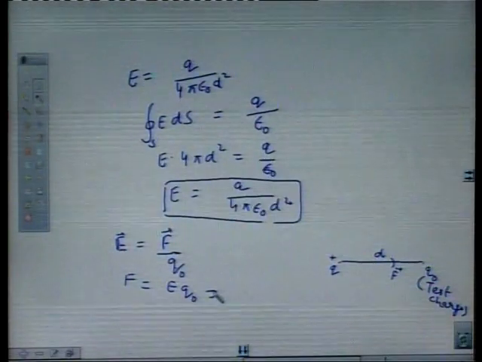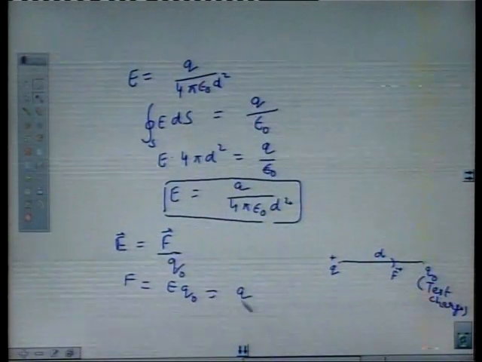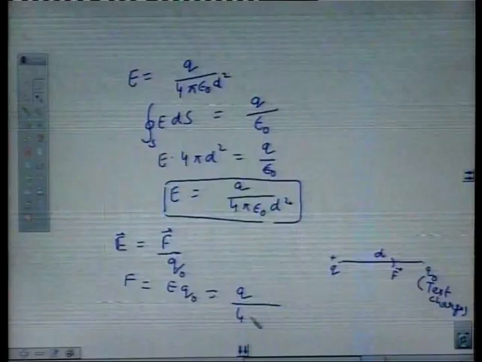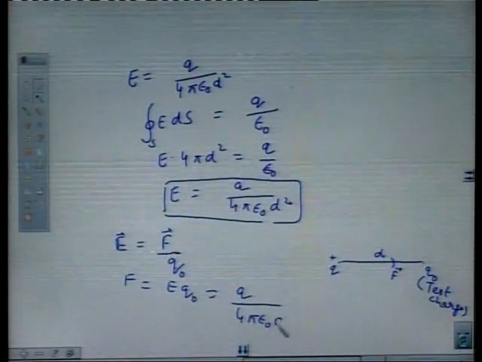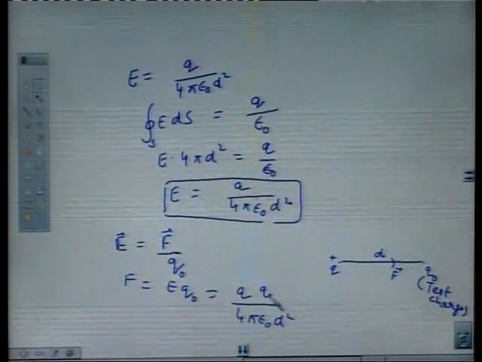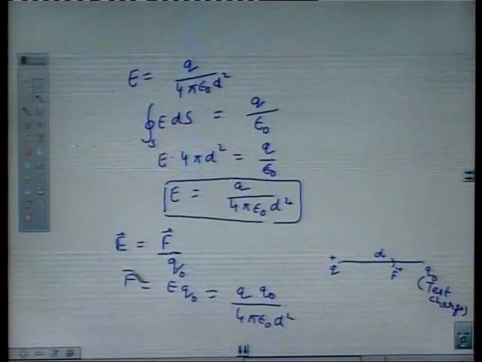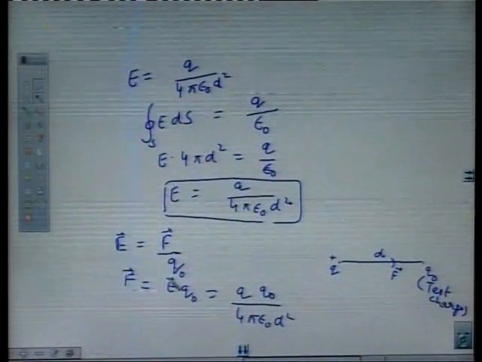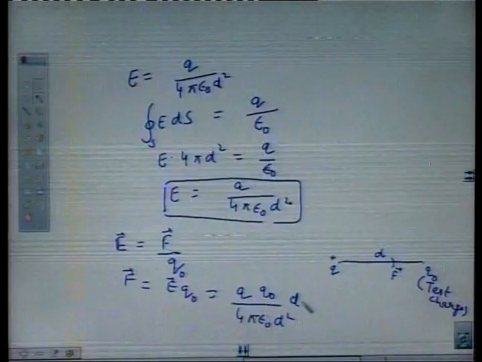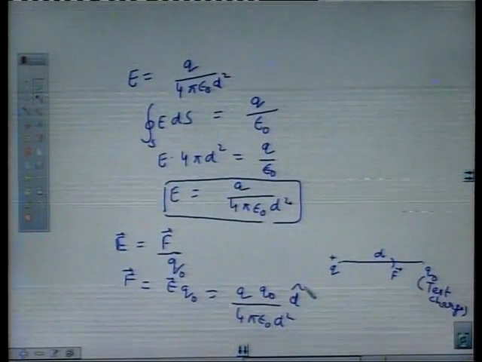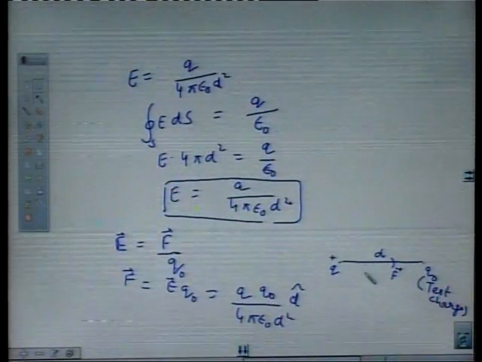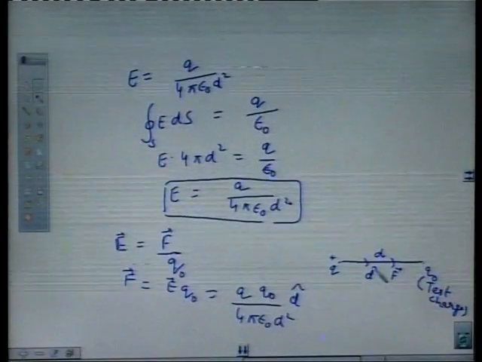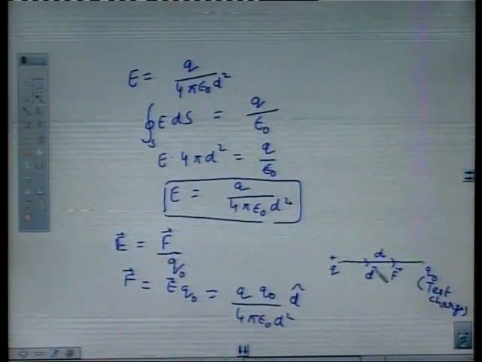This can be written as q upon 4 pi epsilon naught into d square, into q naught. If we have to write it in vector form, then we take a unit vector d cap. D cap is a unit vector along this direction whose magnitude is unity.